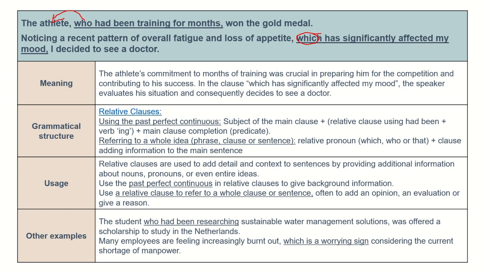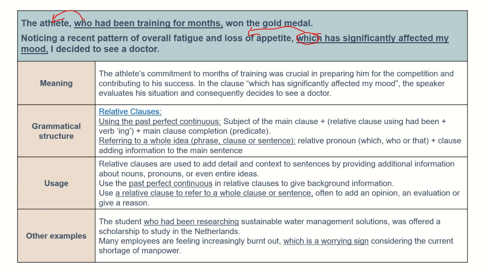Actually, this "which" refers to the whole idea of this sentence. It refers to noticing a recent pattern of overall fatigue and loss of appetite. So "which" here refers to a whole idea or to a whole sentence.